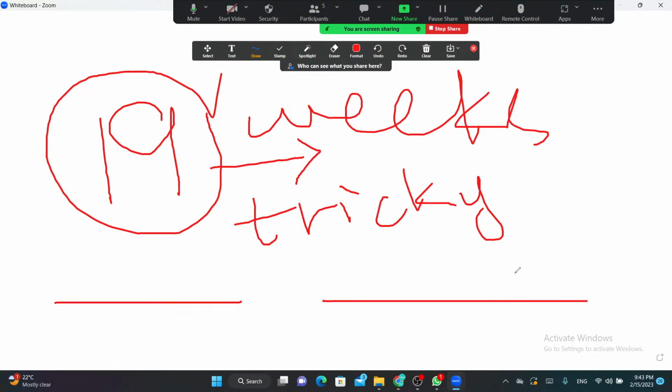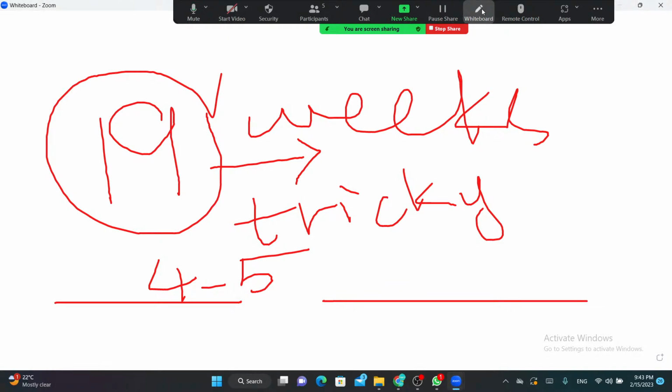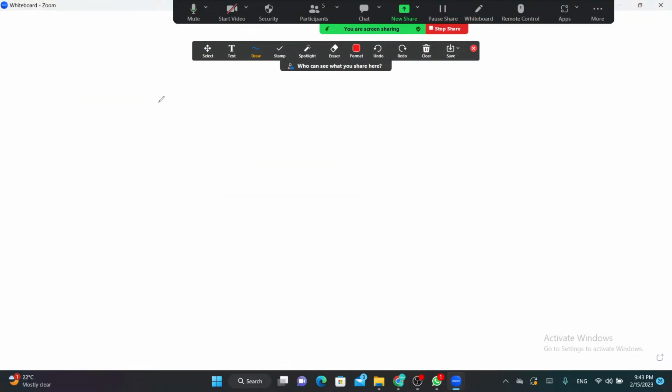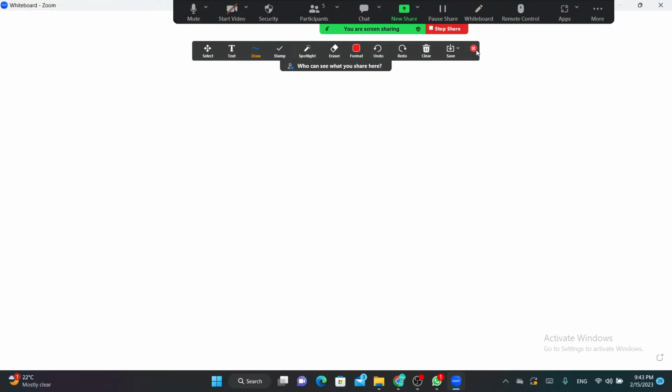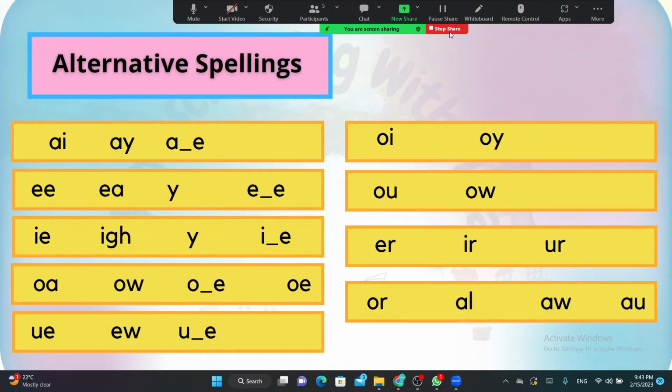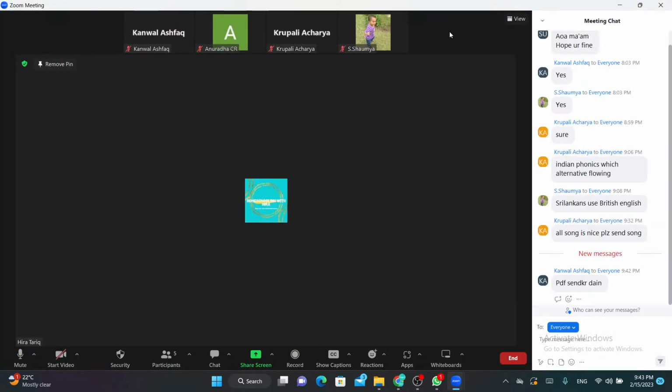So the whole year, the age 4 to 5, the KG 1 year, goes in this. And level 2 will come the next year, when the age will be 5 to 6. Now we have different schooling systems, so ages can be different, but 5 to 6 is appropriate for level 2, right? Okay, ma'am. Thank you. Most welcome.